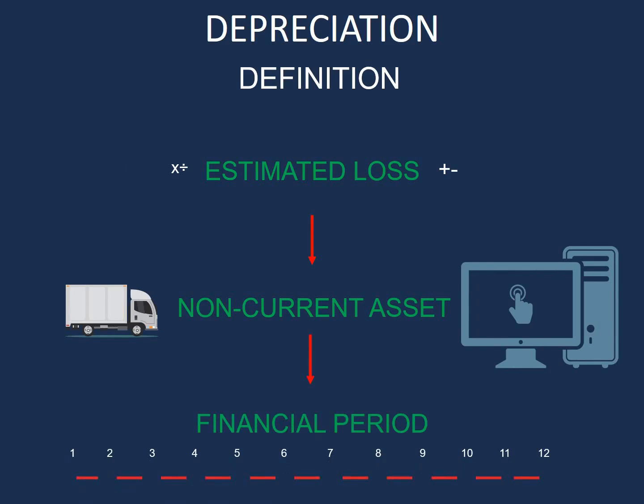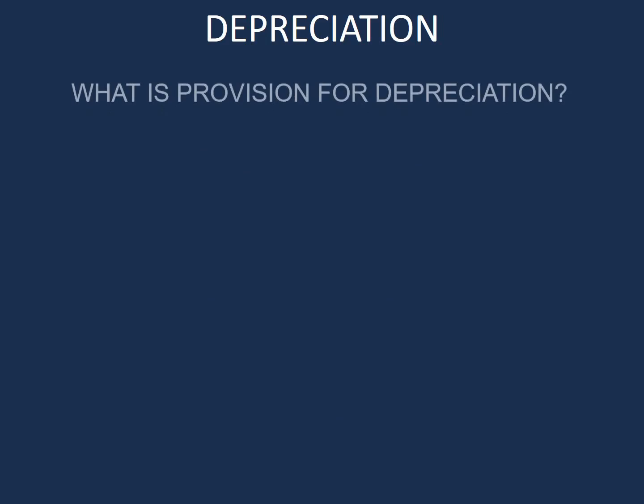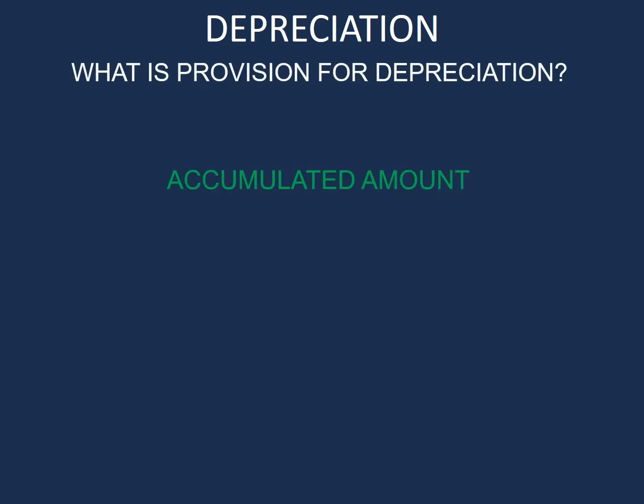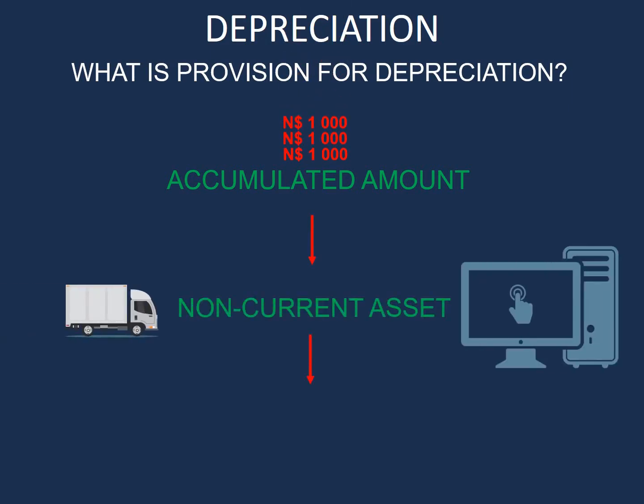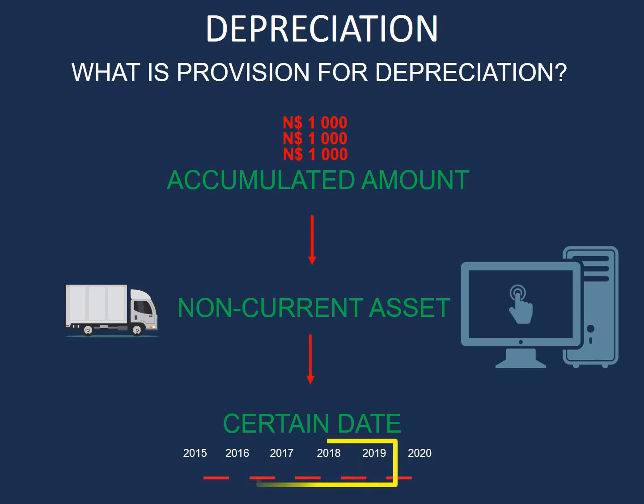Now let's move on to provision for depreciation. Provision for depreciation is the accumulated depreciation amount of a non-current asset for a certain date. Now let's have a look at an example.